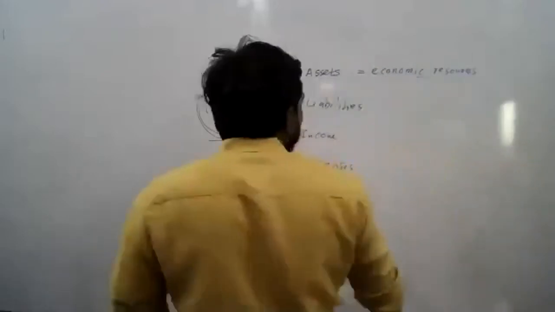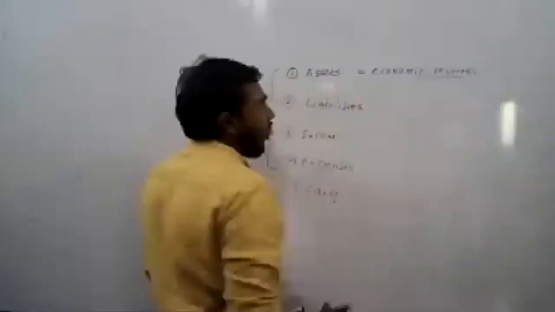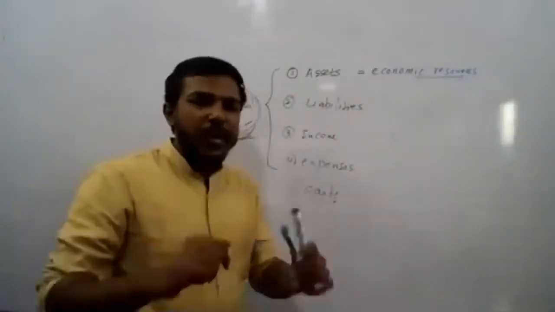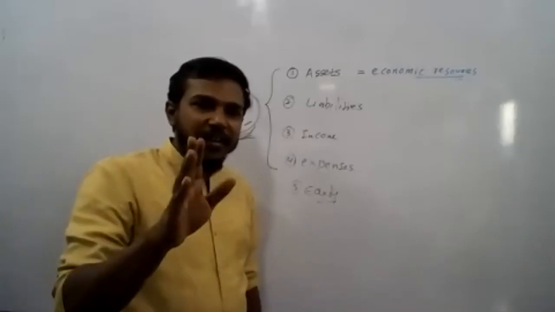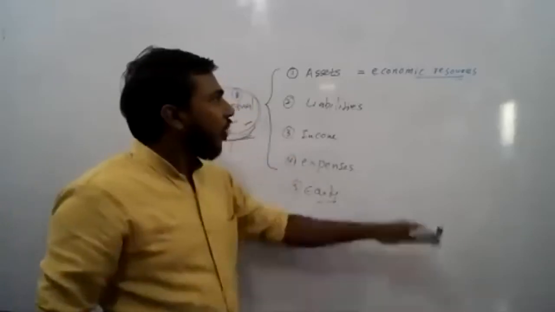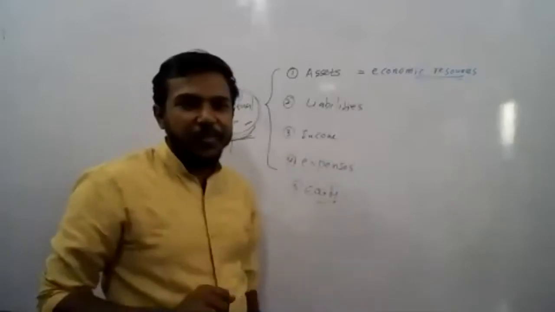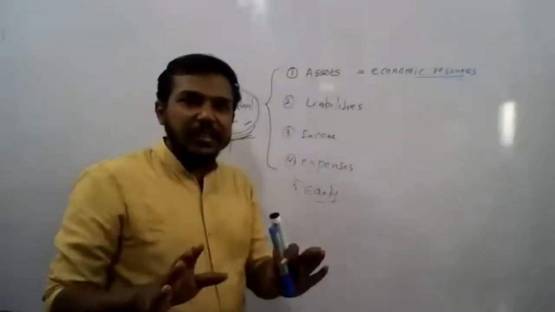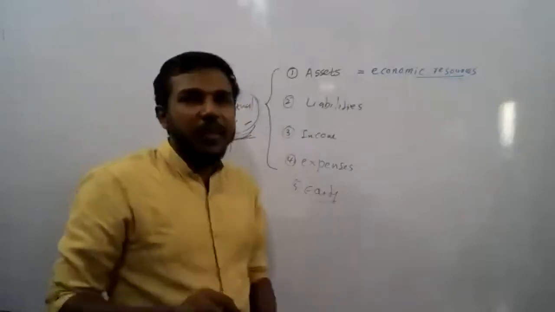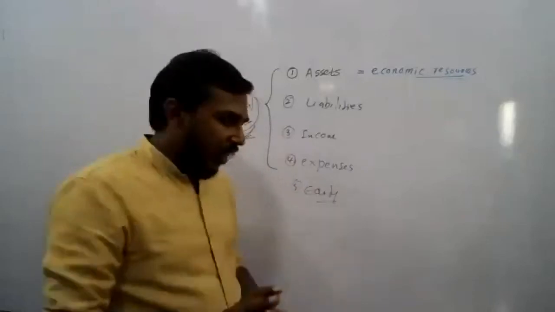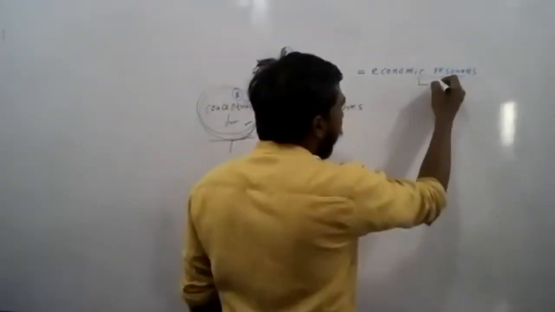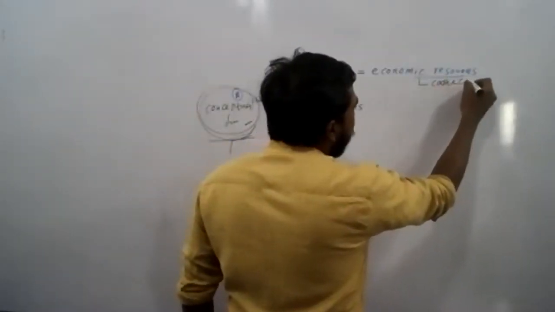So assets means economic resources. I think everyone in this classroom might have done economics also. What are economic resources? In accounting, an economic resource is a resource which generates cash and cash equivalents.